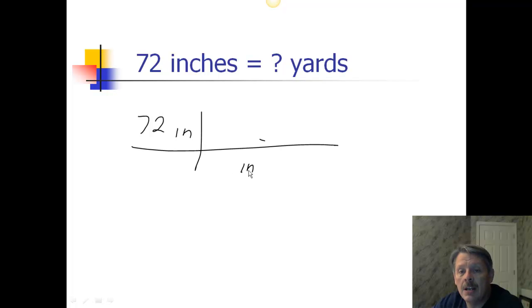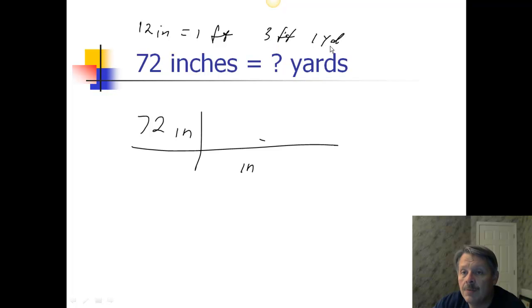We're trying to get rid of inches, and I can't go to yards, but I do know that there are 12 inches in 1 foot. And I do know that there are 3 feet in 1 yard. So I can use both of those pieces of information. If I go from inches to feet, I can cancel out my inches. And then I have feet on the top, so I put feet on the bottom.